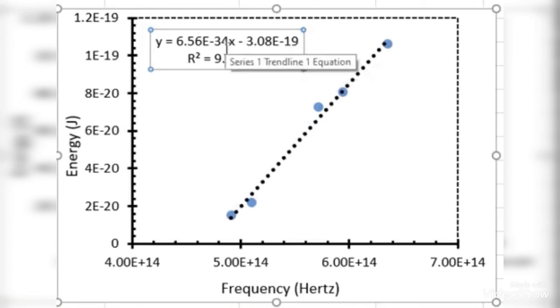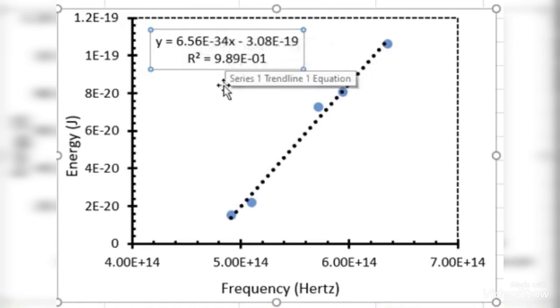The slope is the value before the x, as you know, and this slope value is the Planck's constant we determined using this experiment. Considering that Planck's constant is 6.626 times 10 to the minus 34 joule second, our value is very close to the accepted value of Planck's constant.